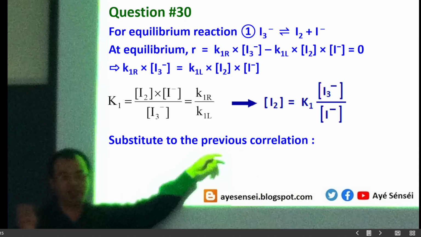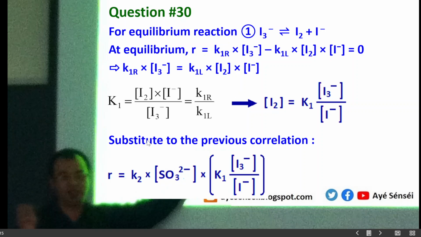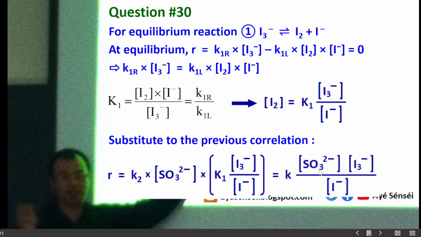And then if we substitute this into the previous equation that we got, I2 is replaced by this, so this is what we get. So K2 times K1 times the concentration of sulfate ion times I3 minus, and then divided by the concentration of I minus, which means that the answer is C.